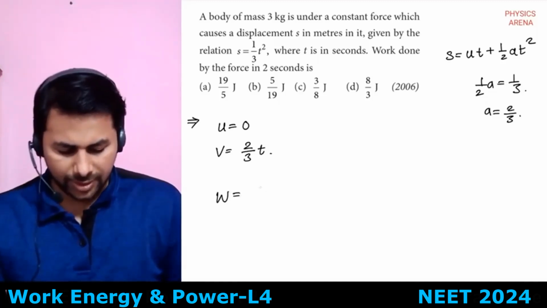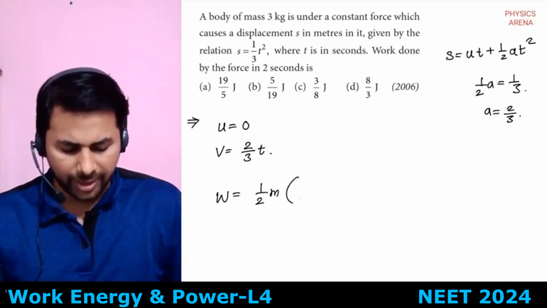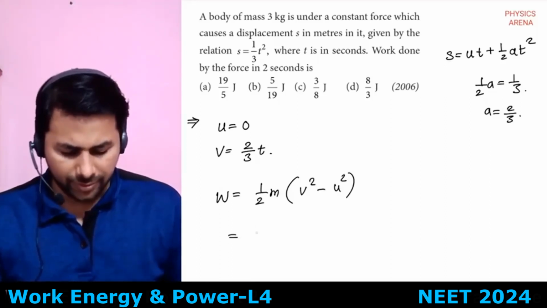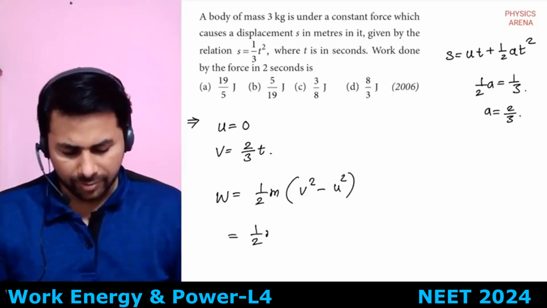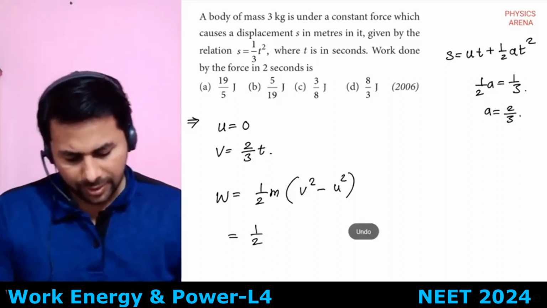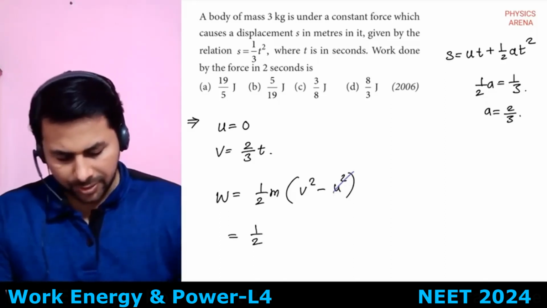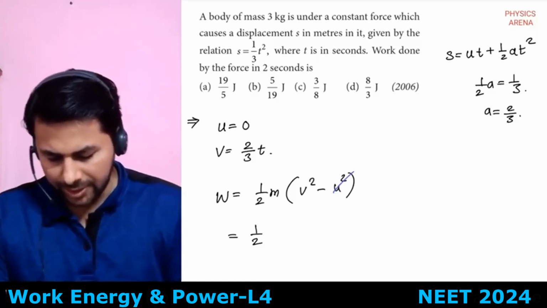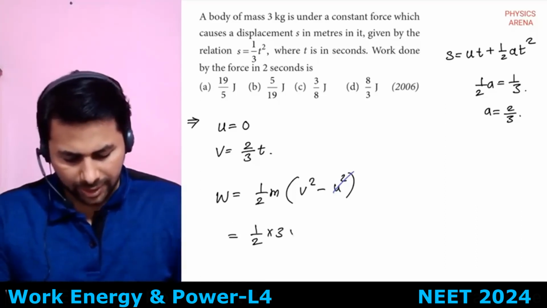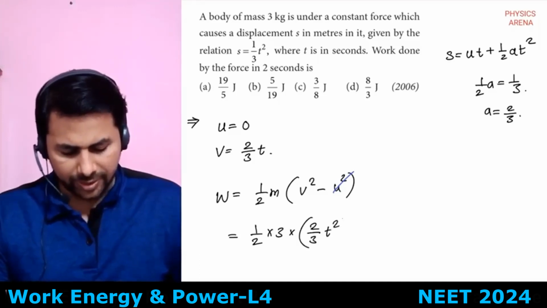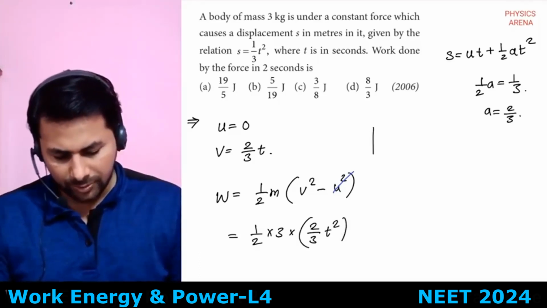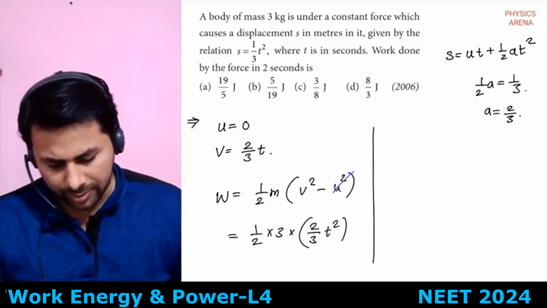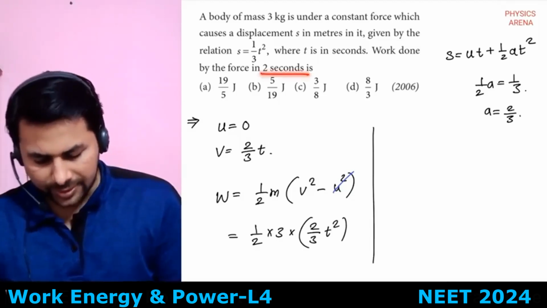Work done is half m multiplied by v² minus u². u is 0, so it's half m v² only. m is 3 kg and v is 2 by 3 t, and we want work done at t equals 2 seconds.